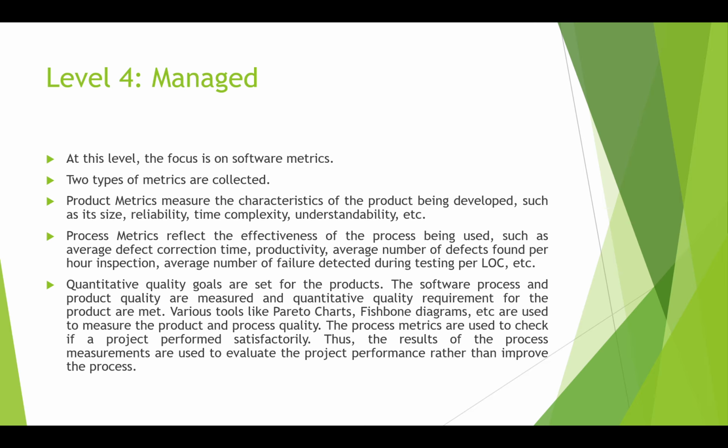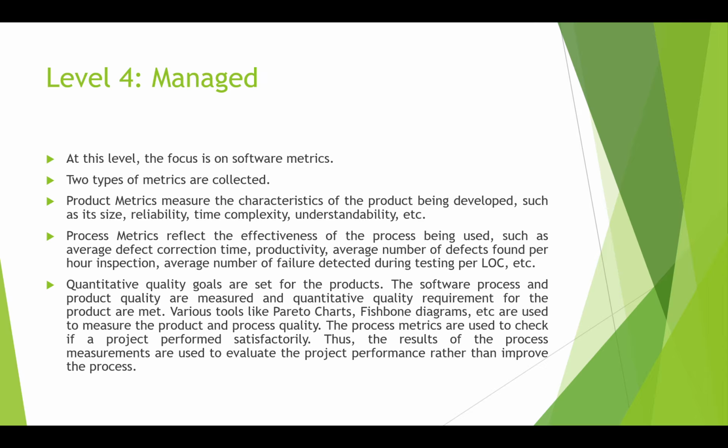Organizations at this level use tools like Pareto charts and fishbone diagrams to identify where most errors occur. These are the tools used for measuring the same. For example, if data shows that 60% of bugs come from one specific module, the team can focus more on improving that part.